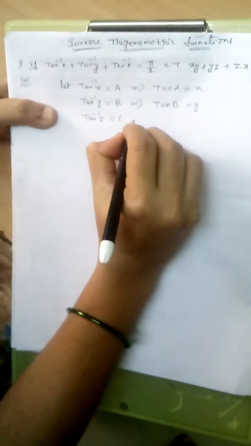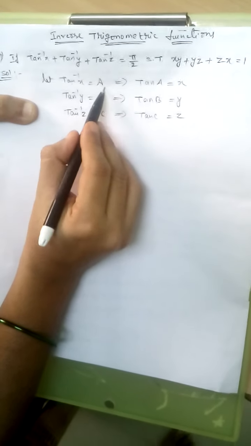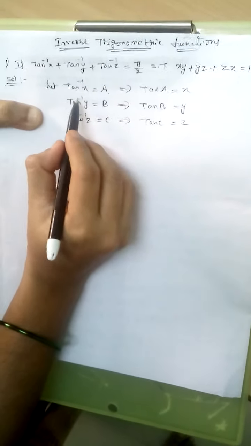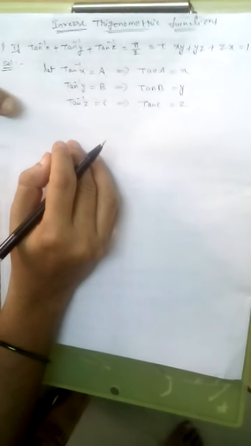Taking tan to the other side, tan inverse means 1 by tan, so cross multiplying, we get tan A is equal to x, tan B is equal to y, and tan C is equal to z.